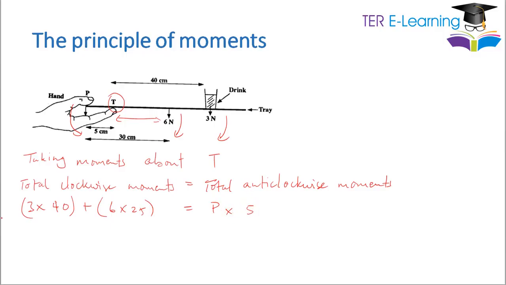So this is 3 by 40, that's 120, plus 6 by 25, that gives me 150, which is equal to 5P. So P is simply equal to 120 plus 150 all over 5. So therefore P is equal to 54 newtons. Alright, so that's the downward force we are applying here. It's 54 newtons.